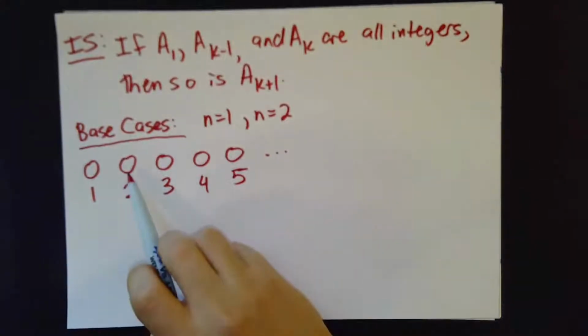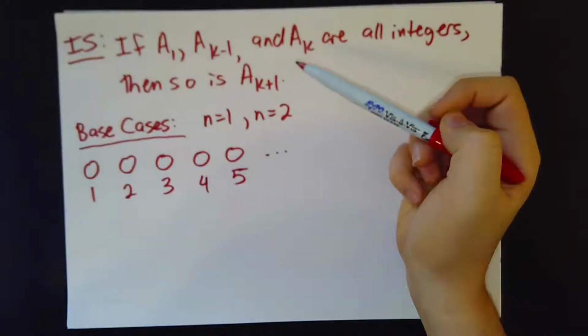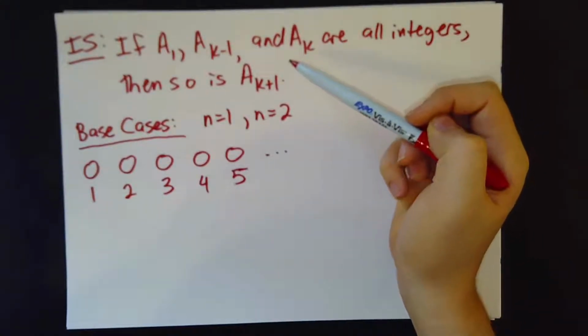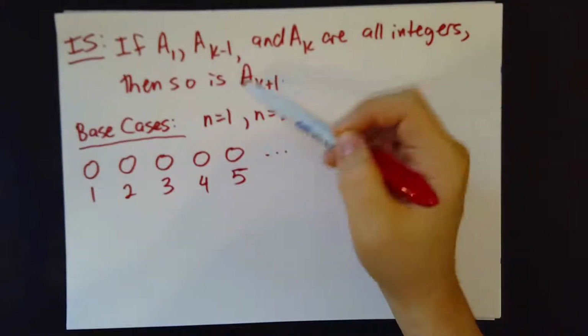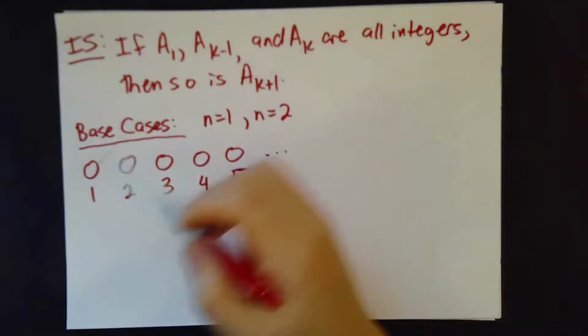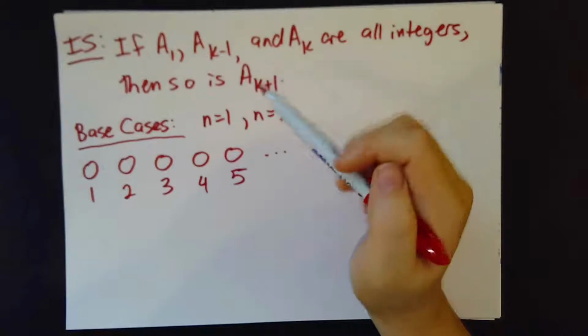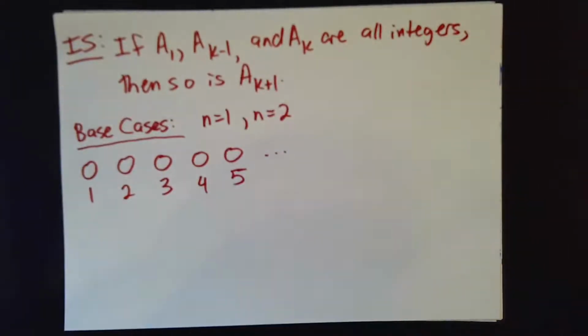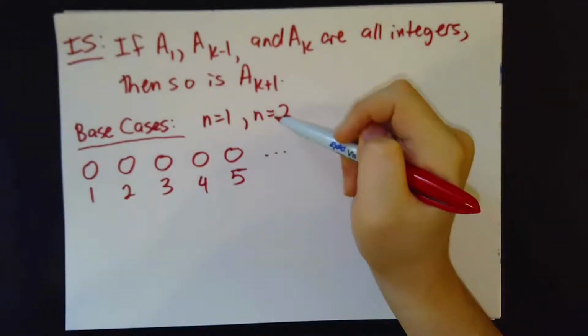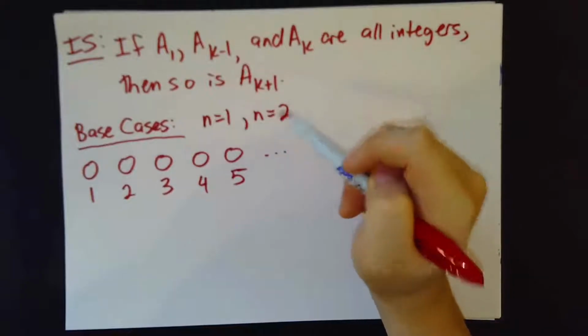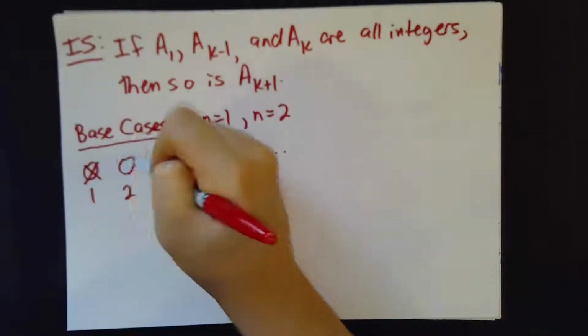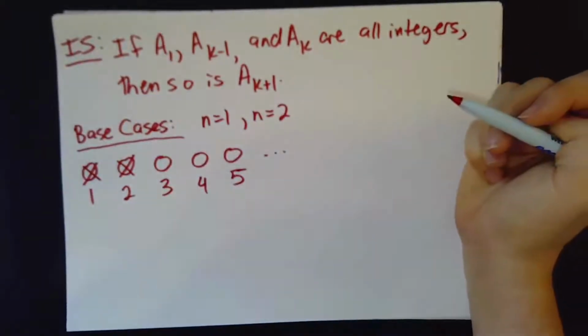So if I want to get to 2, I can't do that with this inductive step, because in order to get to 2, I would need to know this thing for 1 and for 0. But that's not part of what I'm talking about. So I, in fact, can't get to 2 other than by proving it directly. So I'll need as my base cases n is 1 and 2.